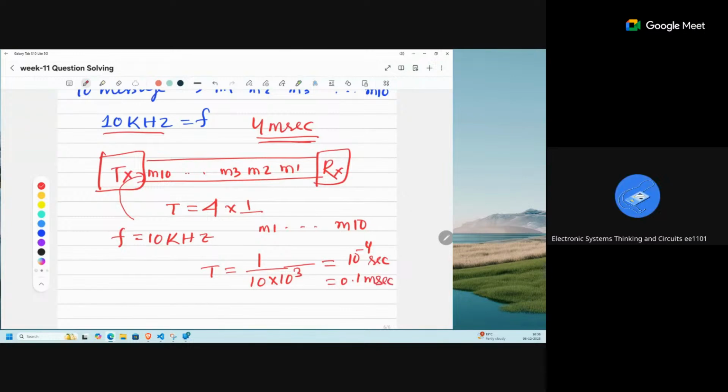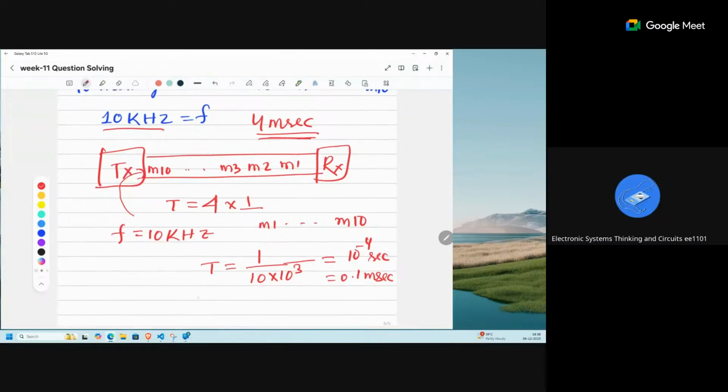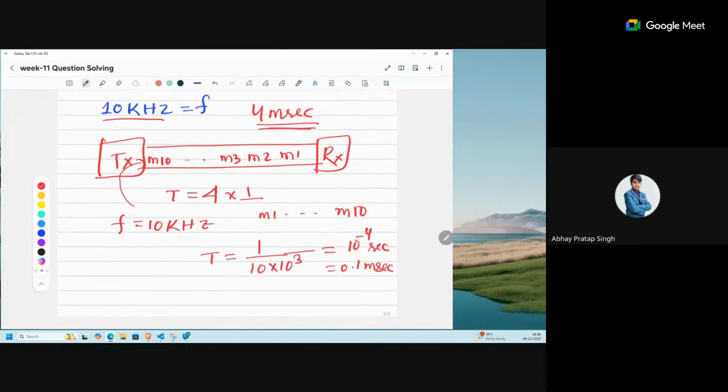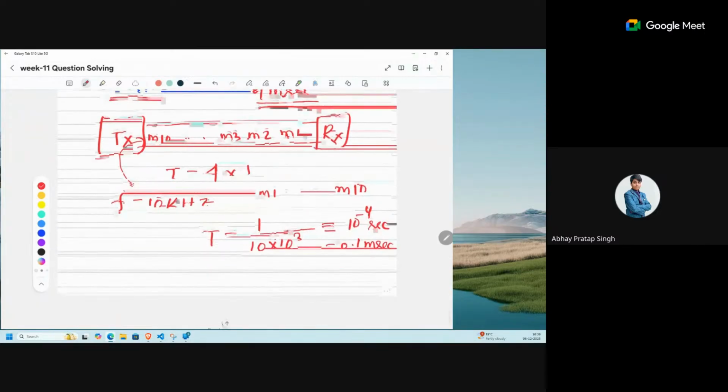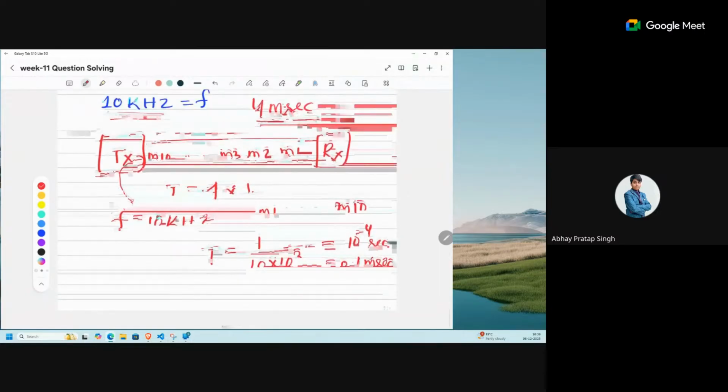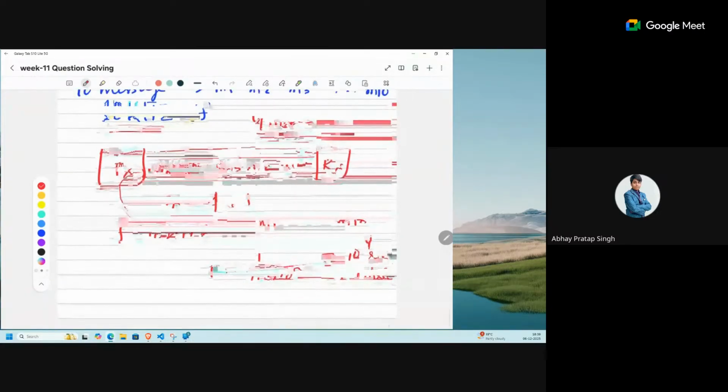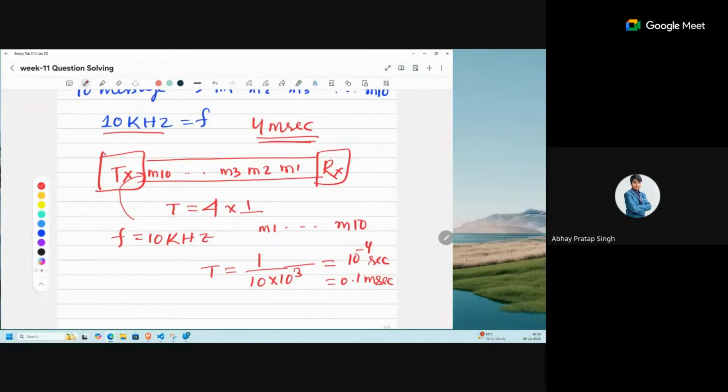Next, the total message is 40 bits. Time period is the time taken for one frequency, so in one frequency we have 2 bits, up and down. How did you know that? It is not given in the question.